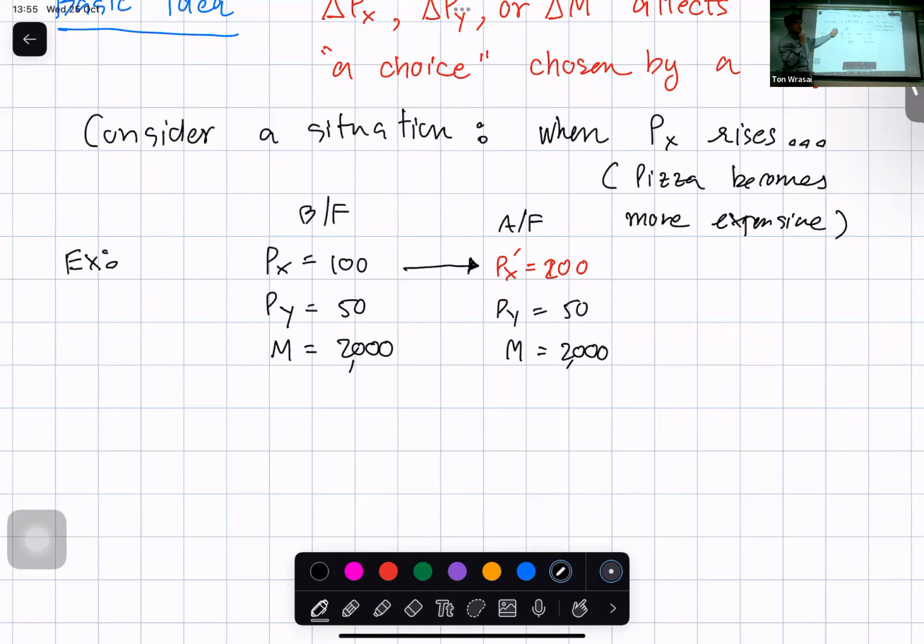Let's say last week it used to be 100, and this week it jumped to 200 baht per piece. So we consider the situation where pizza becomes more expensive.